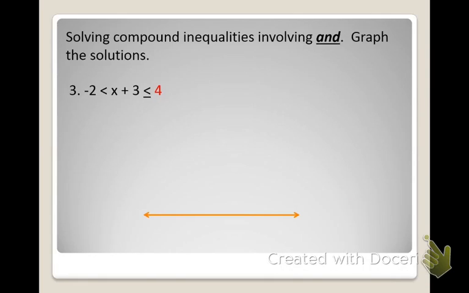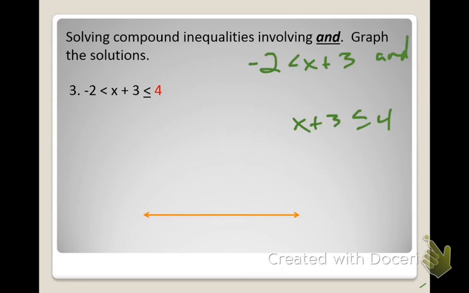So for number 3, -2 is less than x plus 3, which is less than or equal to 4. Well, if we wanted to, we could separate those two out, right? We could split these up. I've got to do some stuff to isolate the variable here, so it might make more sense to split these up and then bring them back together when we're done.